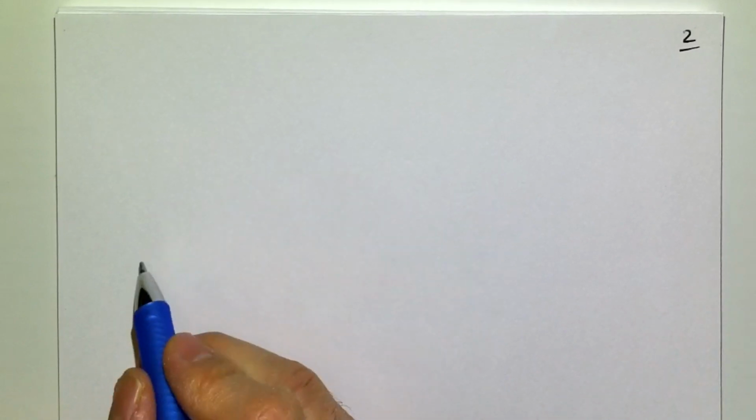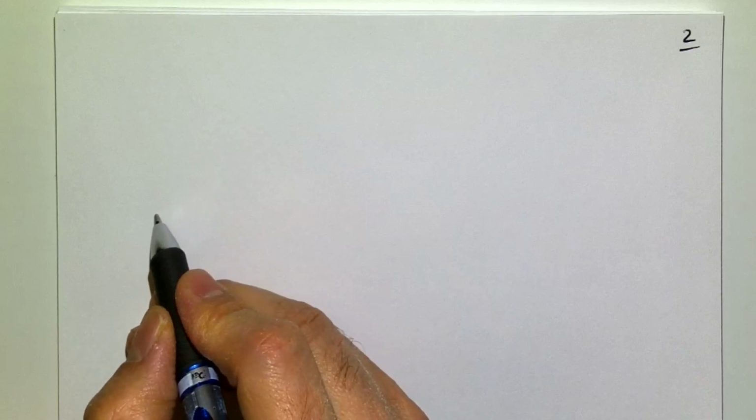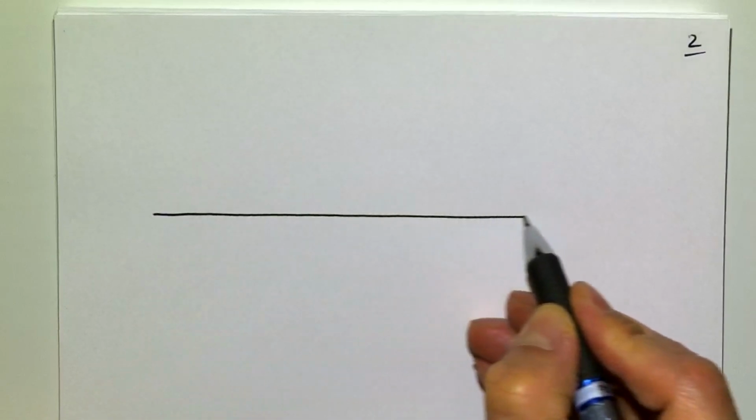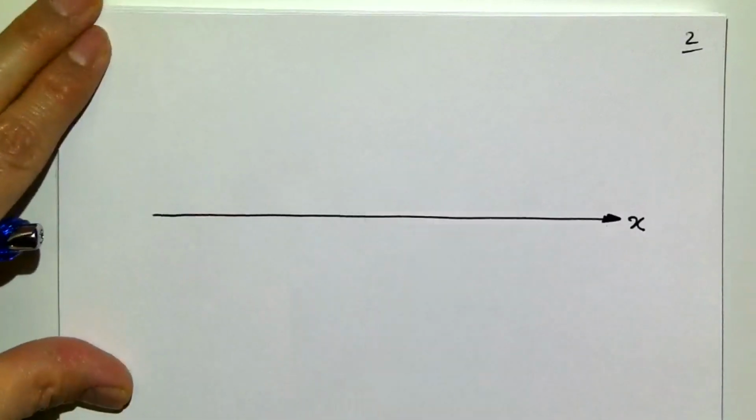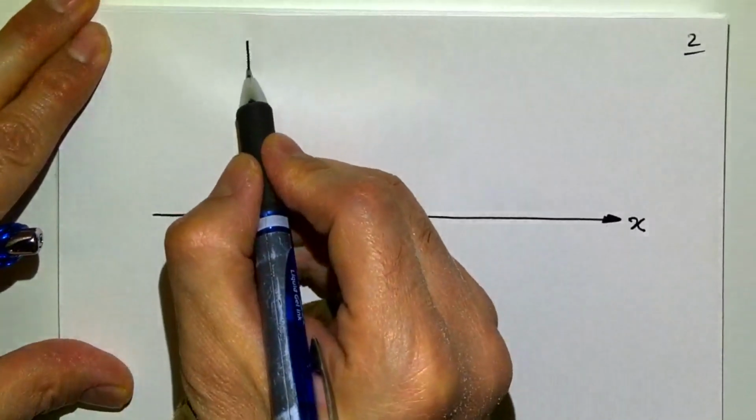I forgot to bring my ruler, so I hope I can draw these straight lines. So we have a graph that looks like this, and also our y-axis.